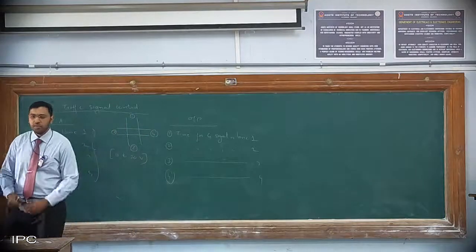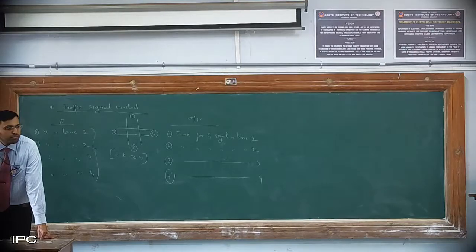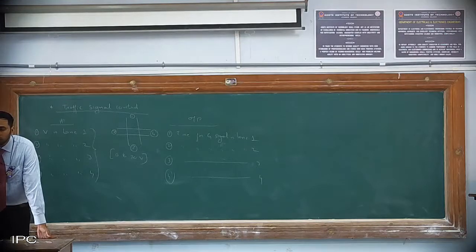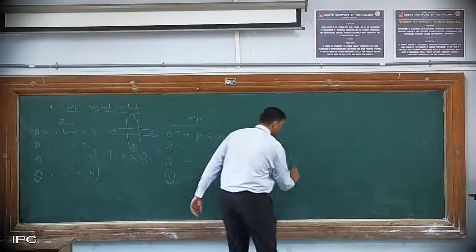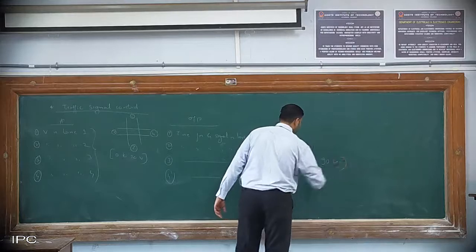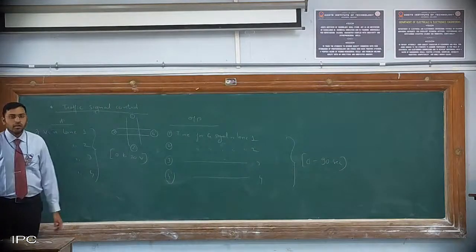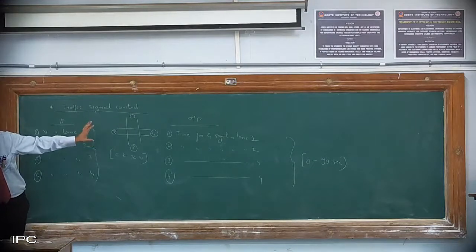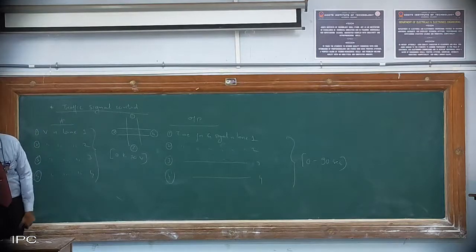What is the maximum time which you want to give? Yes, 90 seconds. Fine. So maximum time is 0 to 90 seconds. Clear, everybody? I hope you have understood what the input and output parameters we have taken are. Fine. Please copy these input and output parameters.